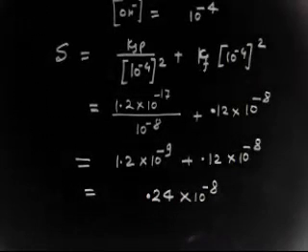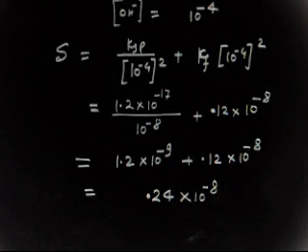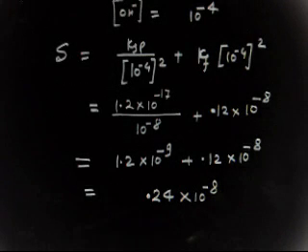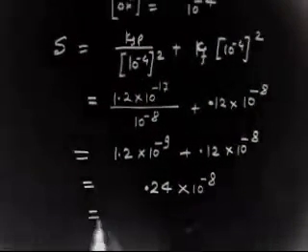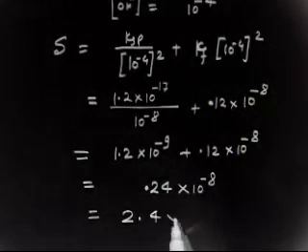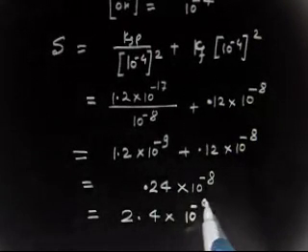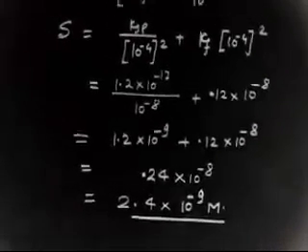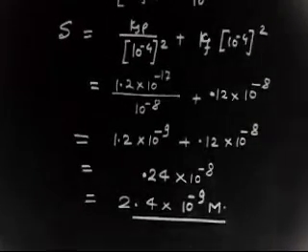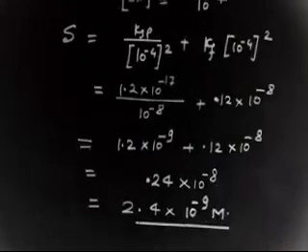So this is the minimum solubility that is possible in this case. I can also write the same thing as 2.4 × 10^-9. This is in terms of molarity, because Ksp and Kf both are in terms of molarity. So this is the minimum solubility.